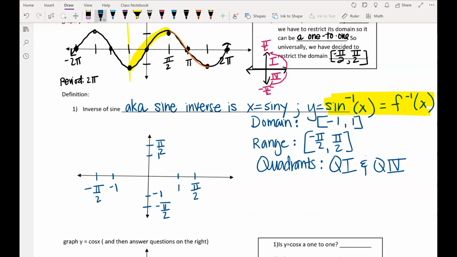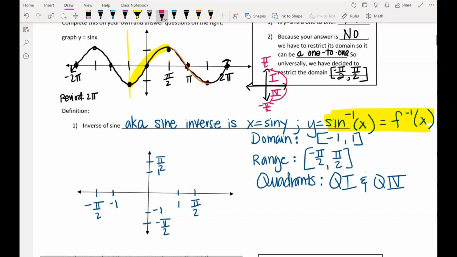Remember, we are only plotting the restricted piece. This ordered pair right here, students, originally, what was that ordered pair? First ordered pair: -π/2, comma, -1. So when we go plot it, -1, go down to negative π/2.